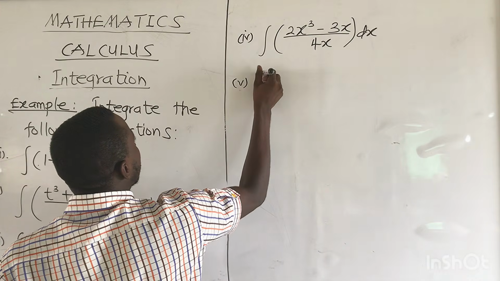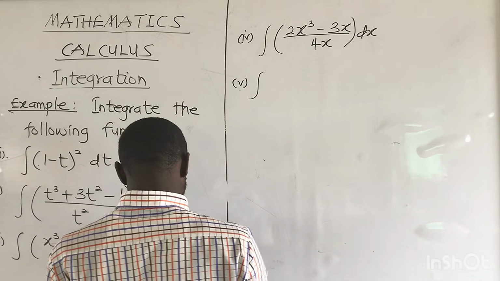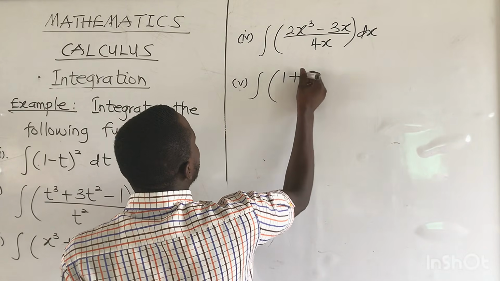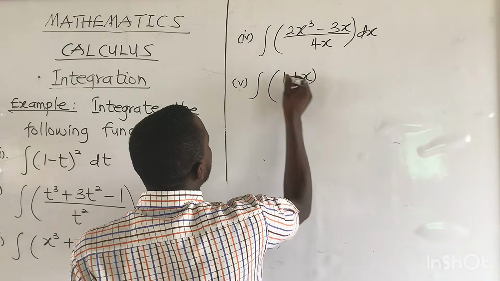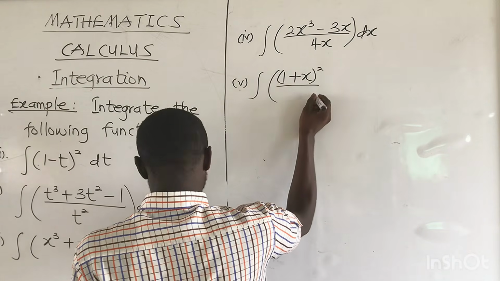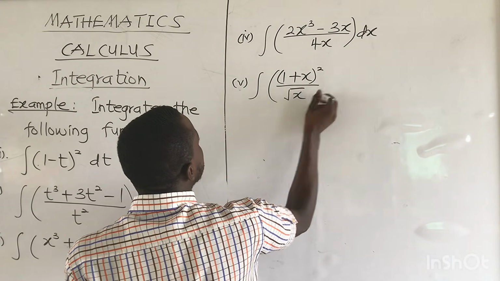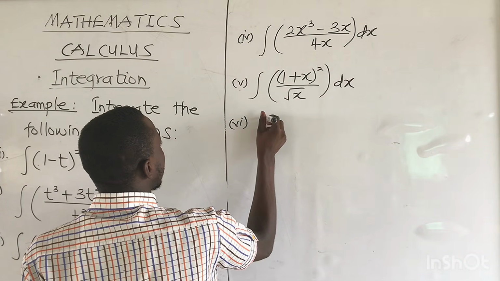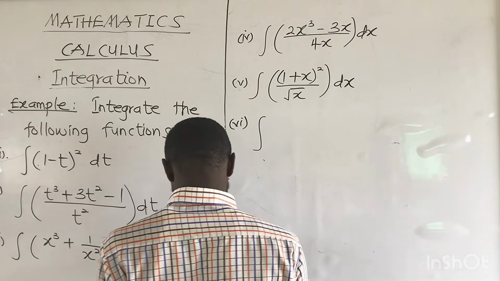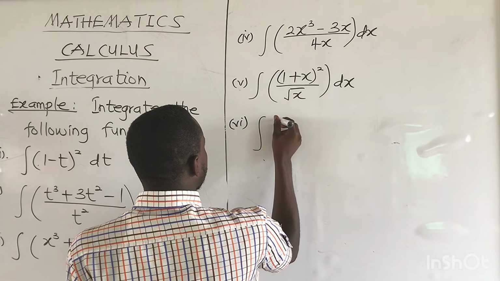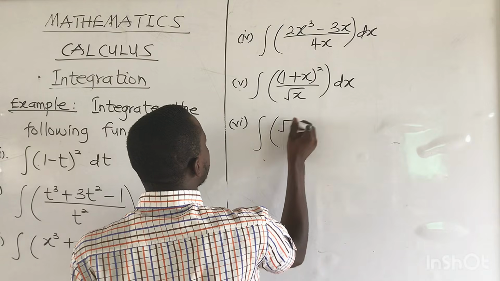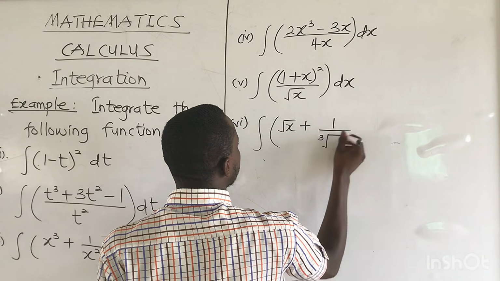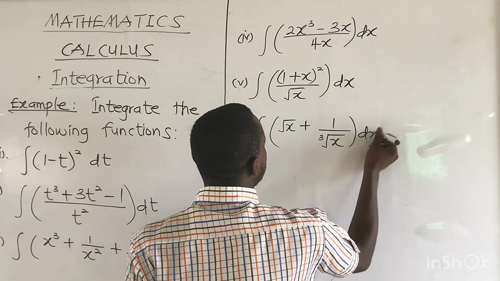V, we have brackets open 1 plus x all squared all over root x dx. VI, the integral of root x plus 1 over the cubic root of x dx. All right.